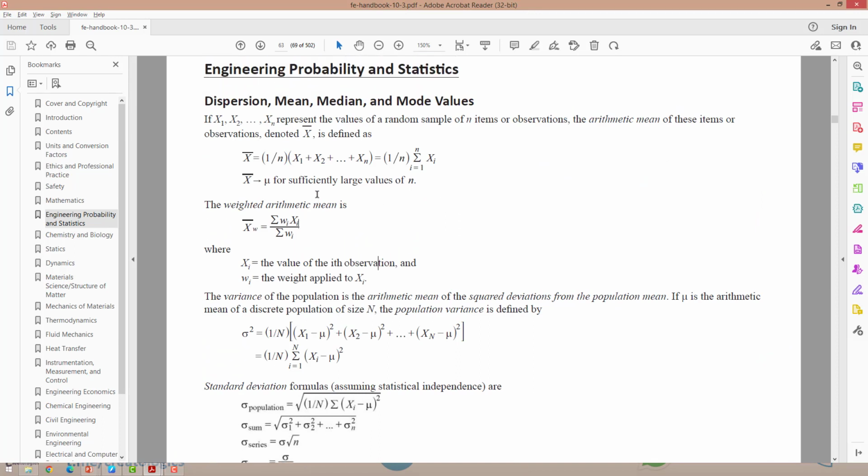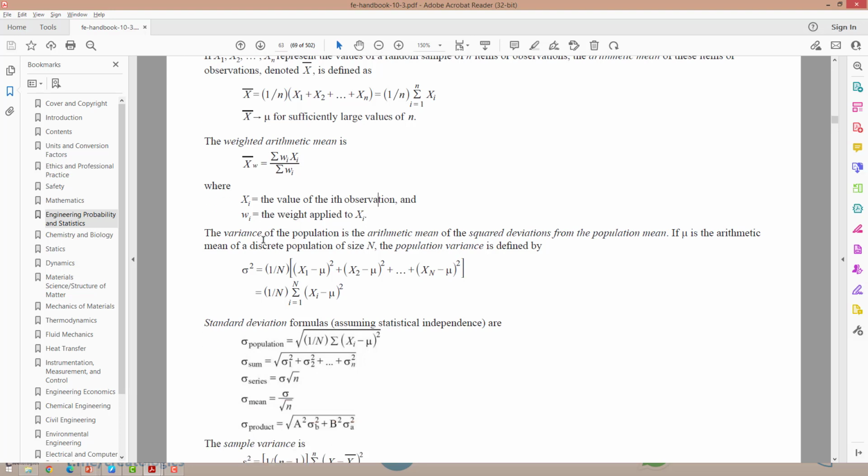Let me give you the idea one more time. If you have discrete data, the mean will be given by the sum of all observations upon the total number of observations. But if you have a frequency distribution table, your mean will be given by the summation of wixi upon the summation of all the frequencies wi. So this is about the mean.